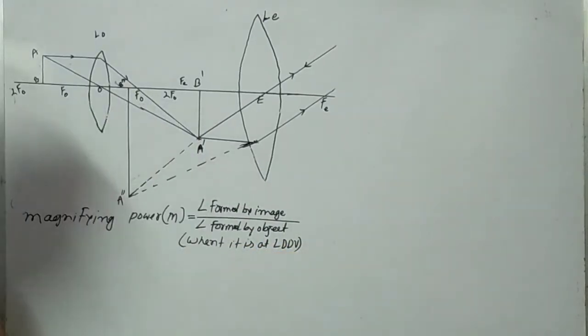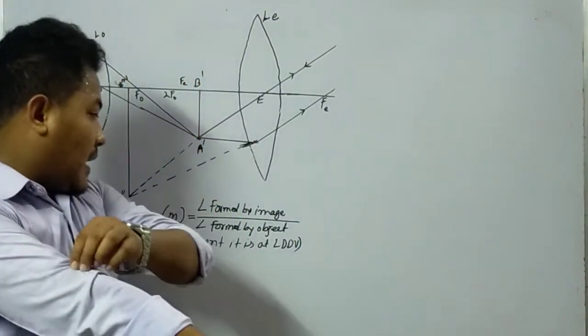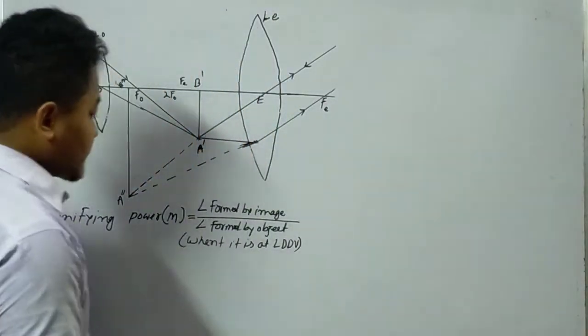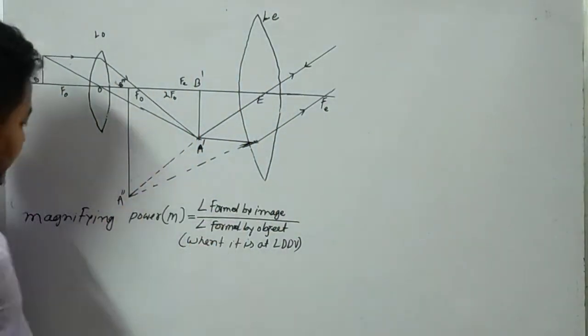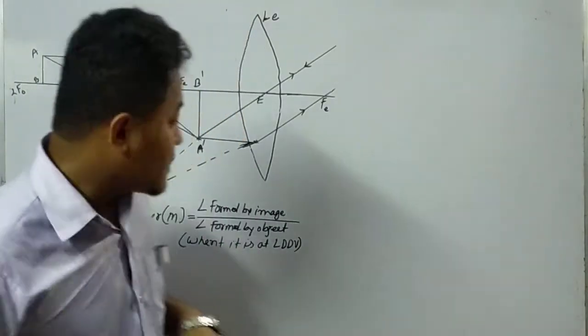What is LDDB? I told you that LDDB is the least distance of distinct vision, and that is 25 centimeters for a healthy human eye. So this is how we find the magnifying power or the angular magnification.